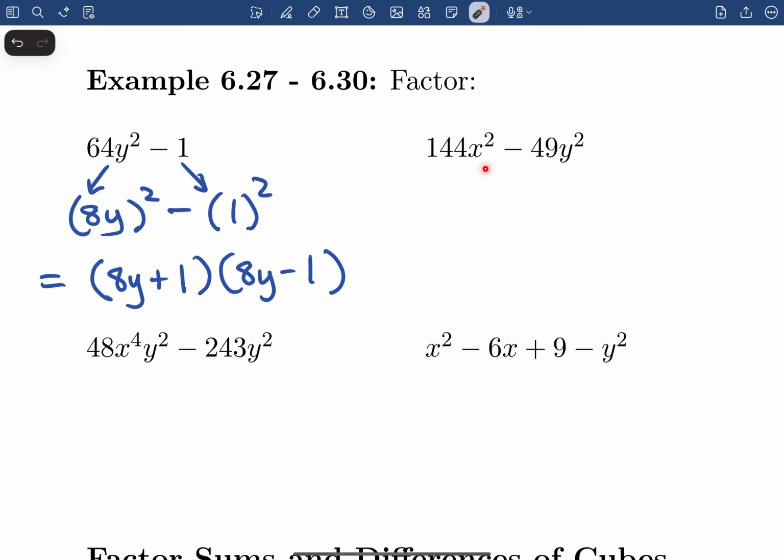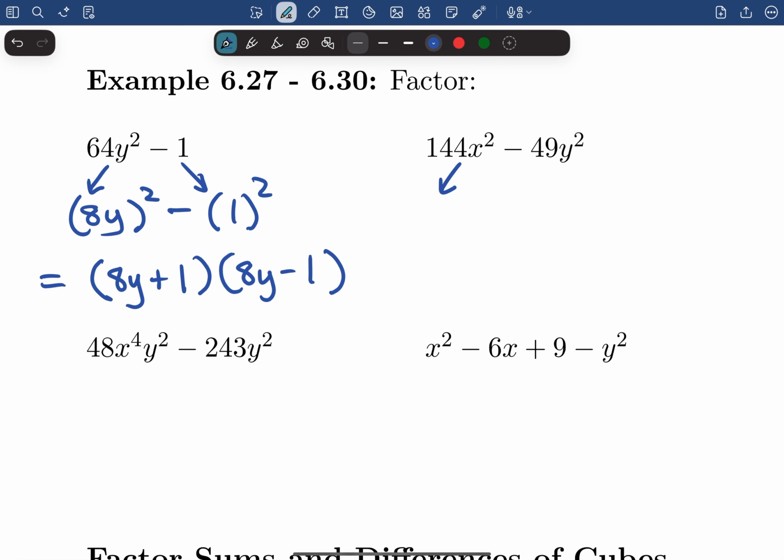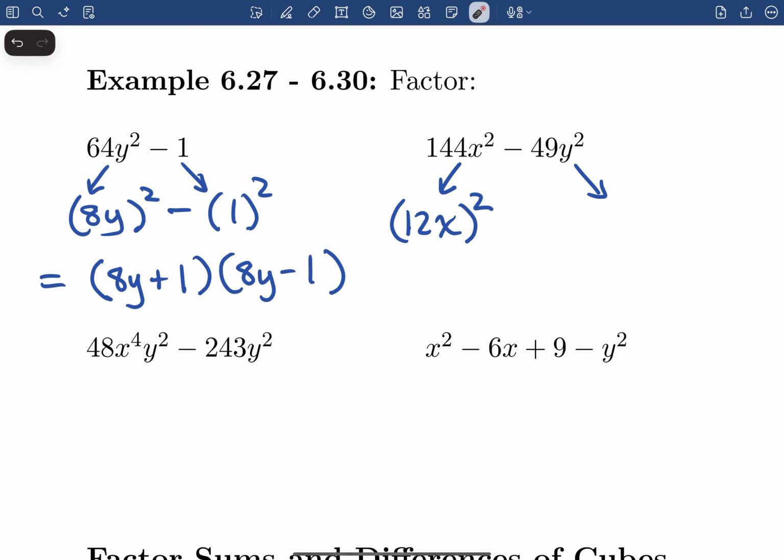When I see 144x squared minus 49y squared, my brain and your brain will say, well, 144 is the square of 12. So 144x squared is the same thing as 12x squared. Why? Because when I take 12 and I square it, I get 144.